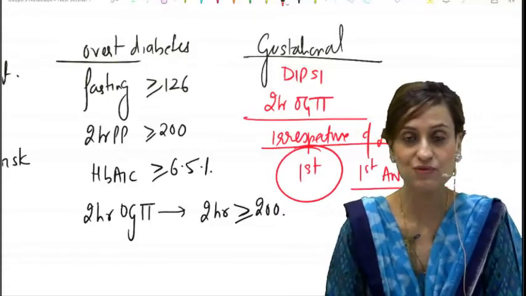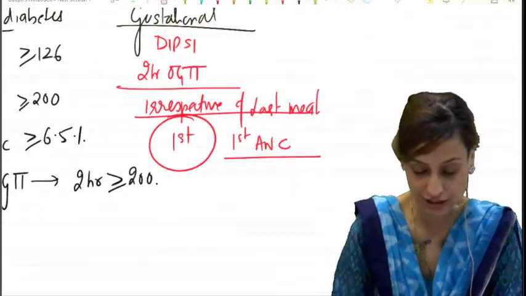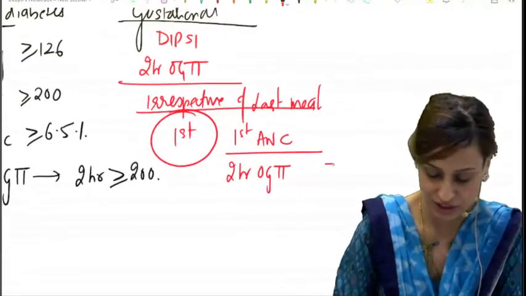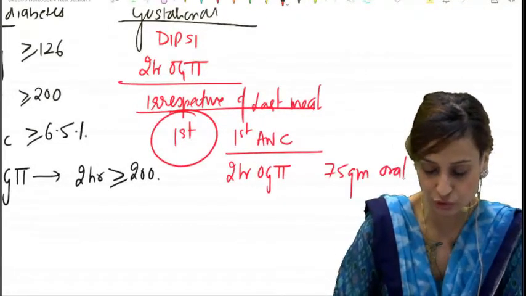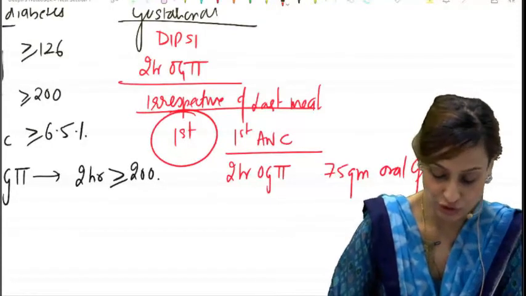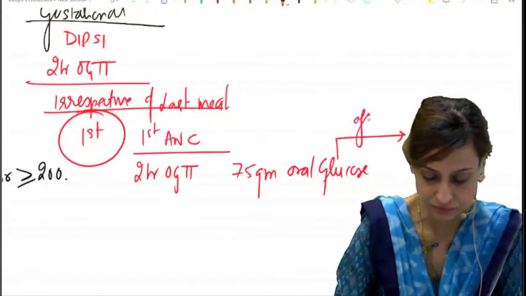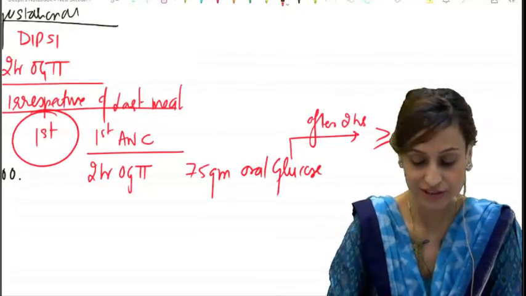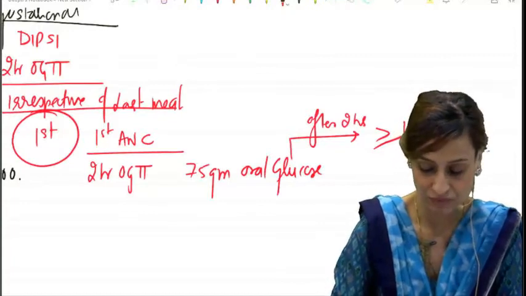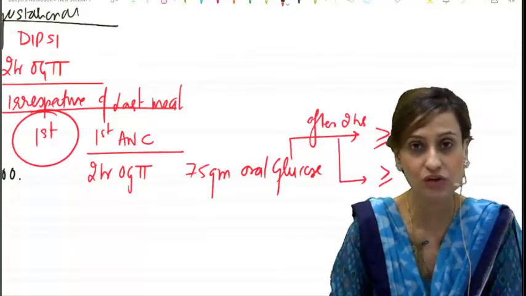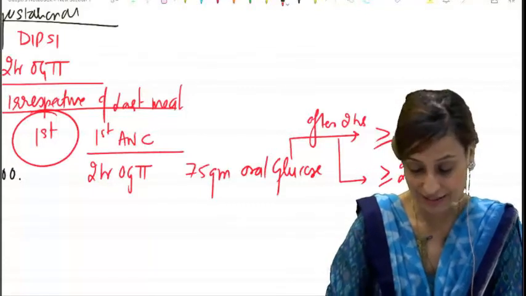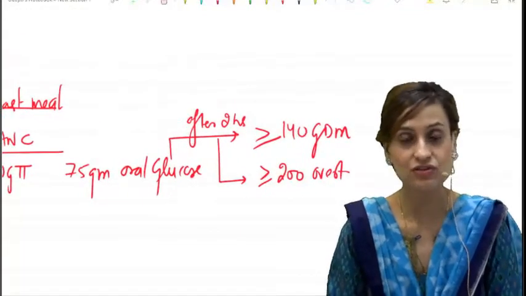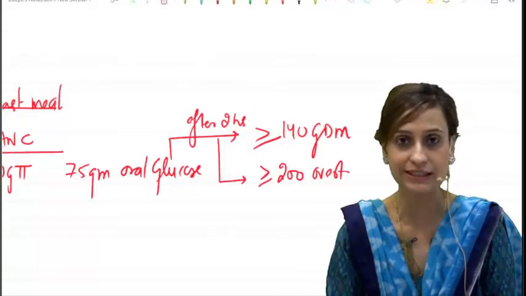So whenever she comes for her first antenatal checkup, as per our national guidelines, we should now be ordering a 2-hour OGTT, where what we do is first give her a 75-gram oral glucose, right? And then you're going to withdraw the sample after 2 hours. If the value is more than or equal to 140, then this is what is GDM, right? But if this value turns out to be more than or equal to 200, then as I have said before, this will rather be labeled as overt diabetes, right? So that's what we follow in the 2-hour OGTT test, okay?